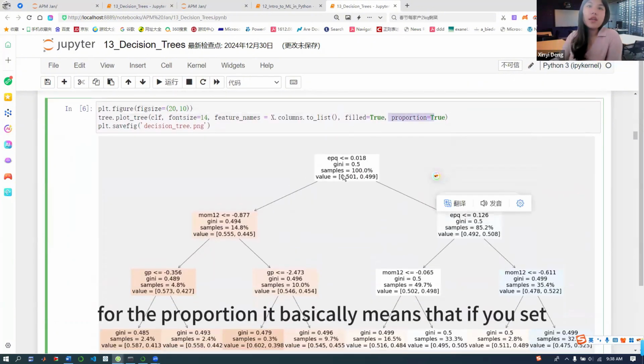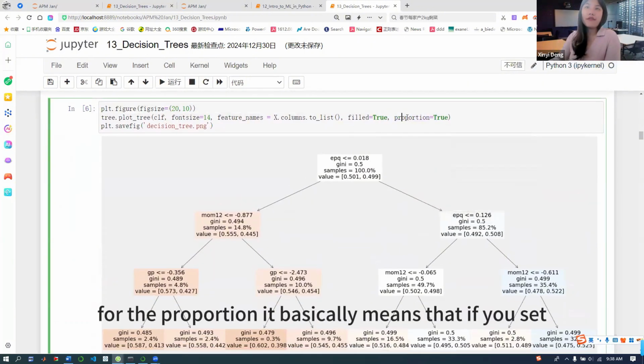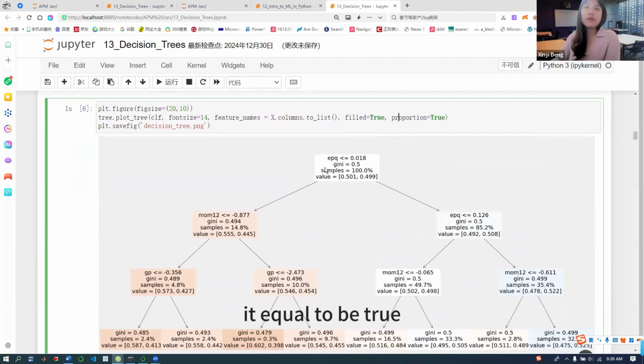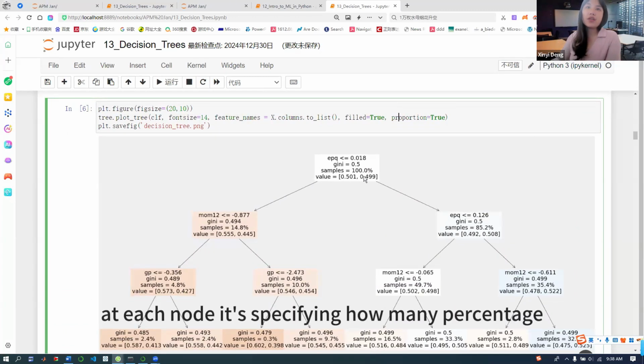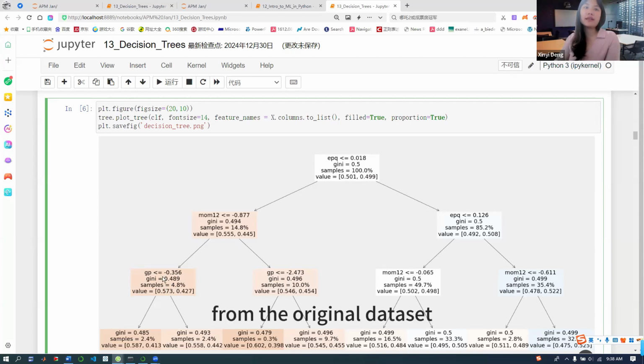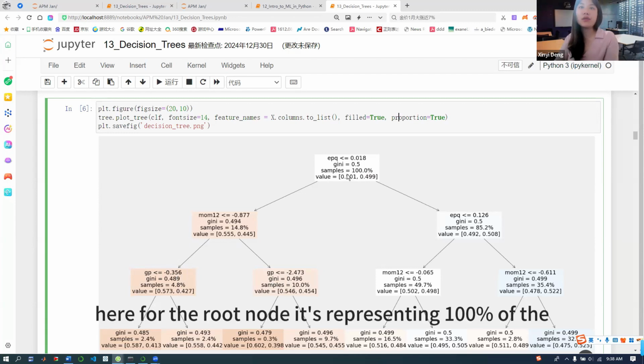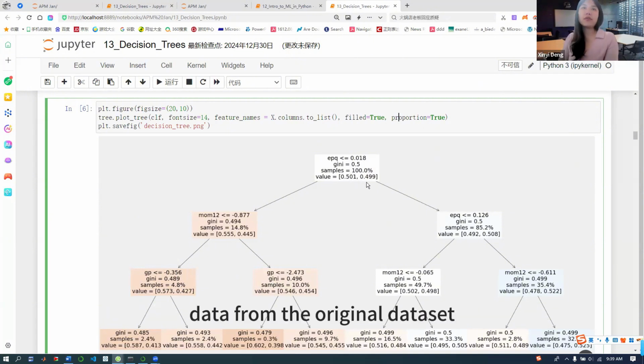For the proportion, if you set it equal to true, at each node it's specifying what percentage of the original data set this node is representing. Here for the root node, it's representing 100% of the data from the original data set. And for this node here, it's representing 14.8% of the original data set.